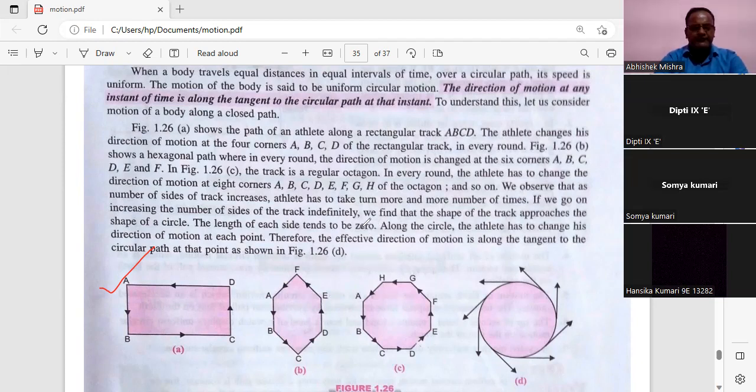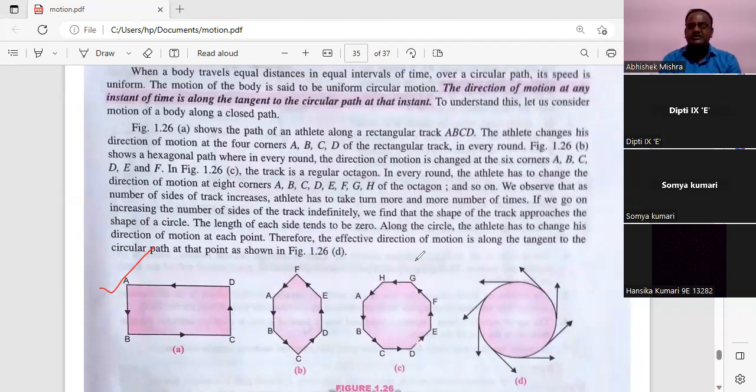Now see, in figure C, it is an octagon, and at every corner the athlete has to change the direction of motion, at the 8 corners A, B, C, D, E, F, G, and H. Total 8 corners. We observe that as the number of sides of the track increases, the athlete has to take more and more turns.